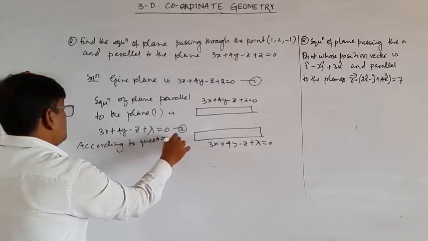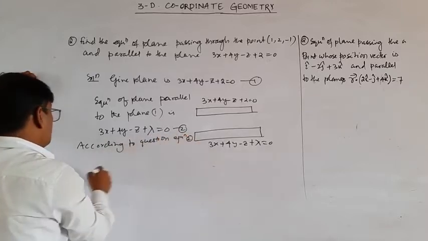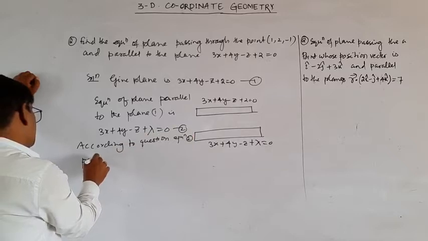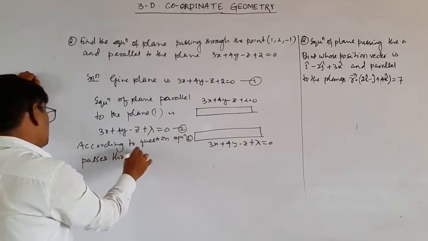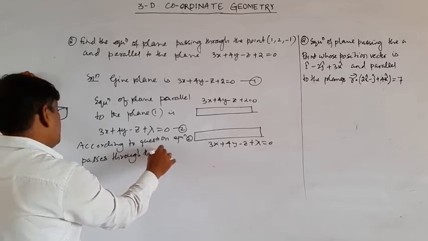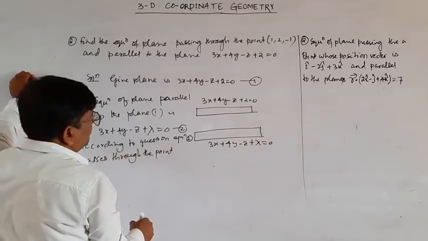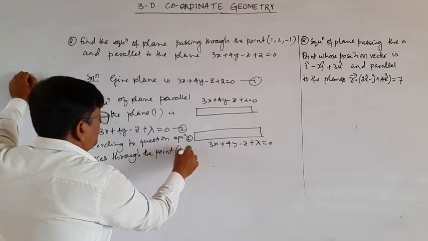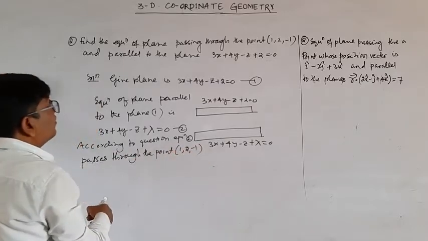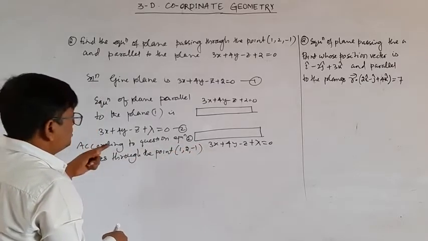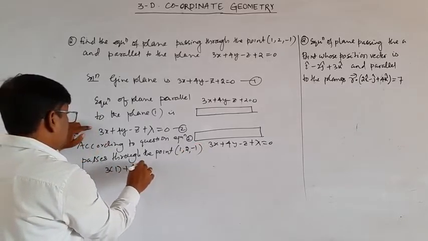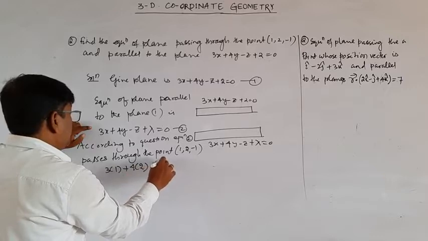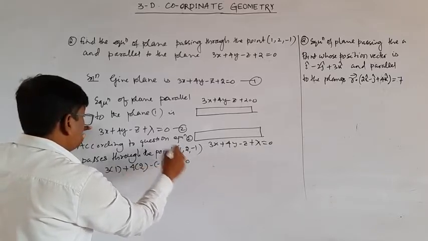According to the question, equation 2 passes through the point (1, 2, -1). Put it in equation 2: 3 into 1 plus 4 into 2 minus of minus 1 plus lambda equals 0.